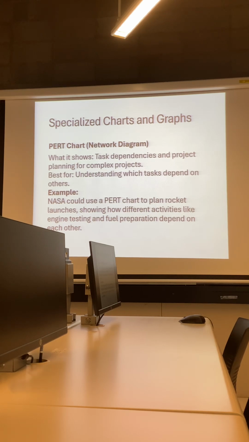It is very suitable for understanding which tasks depend on others. For example, NASA could use a PERT chart to plan rocket launches, showing how different activities like engine testing and fuel preparation depend on each other.